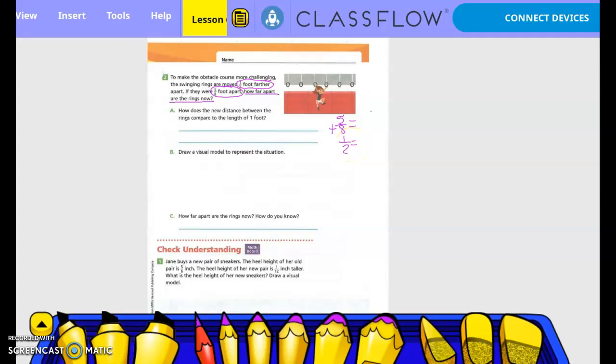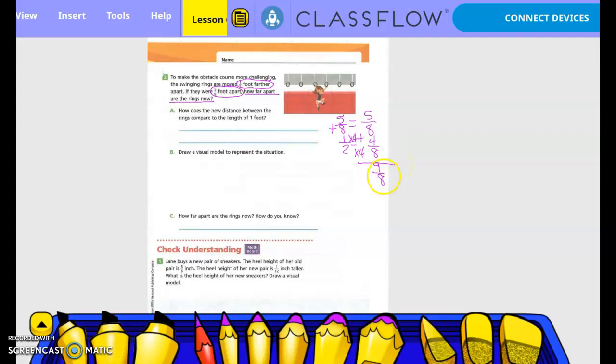So the first one's not going to change, right? So 5/8 plus something over 8. So how do we get from 2 to 8? Times 4. What we do on the bottom, we do on the top. So it would be 9/8.